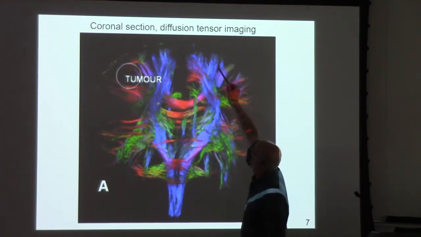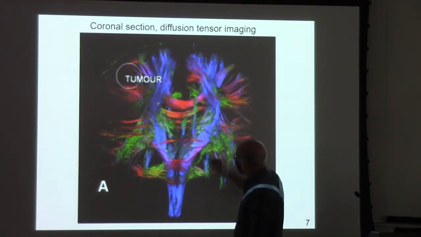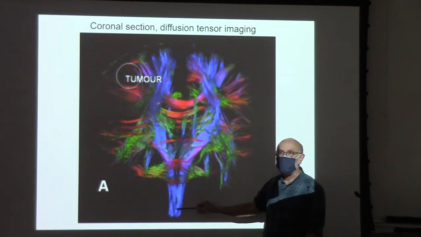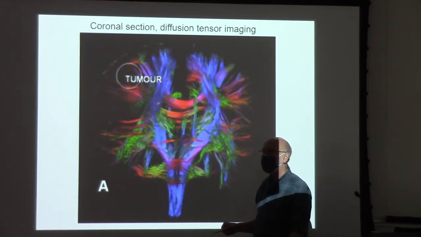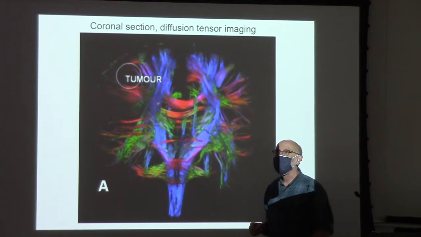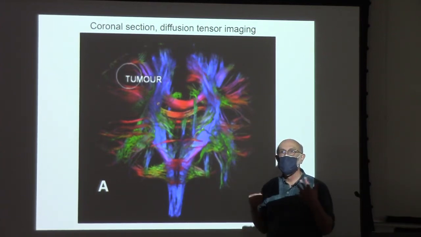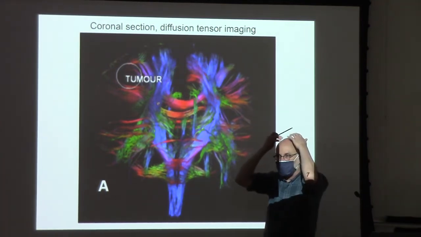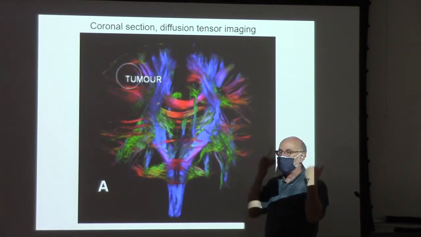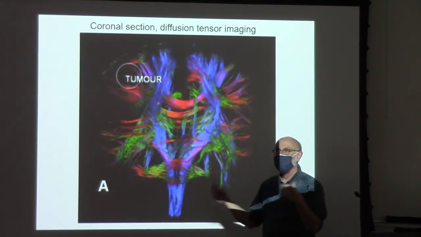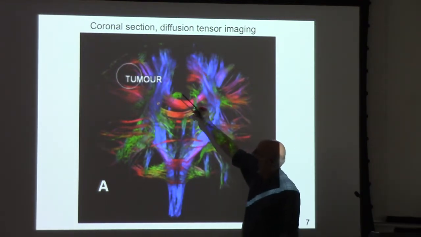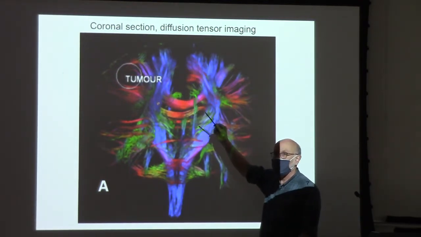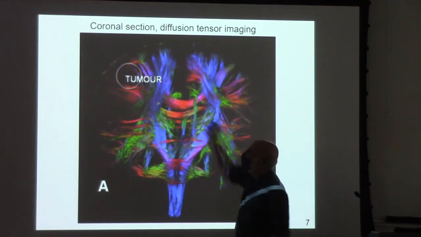But let's just say this is from the motor cortex, and it's going to form the corticospinal tract, which is important for movement, from the motor cortex down the spinal cord and then to motor neurons. So you can see here in this form of imaging the axons.